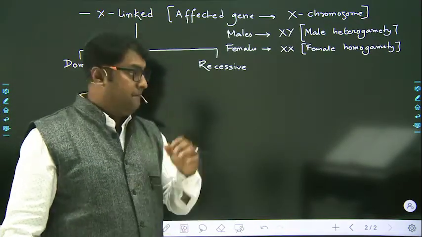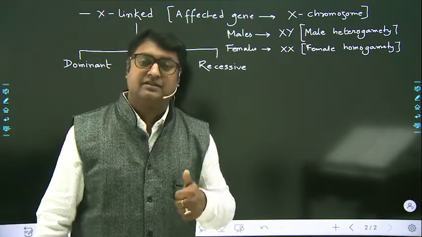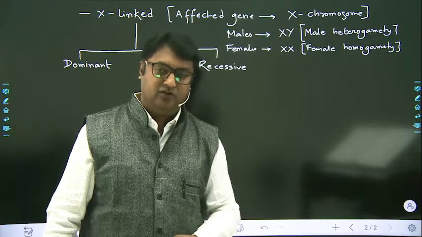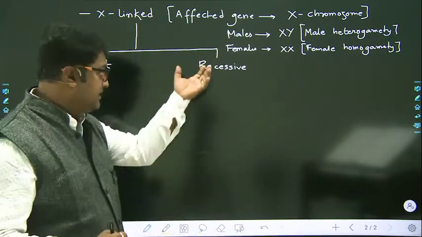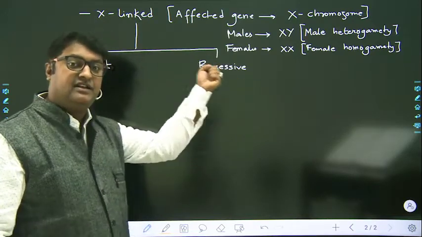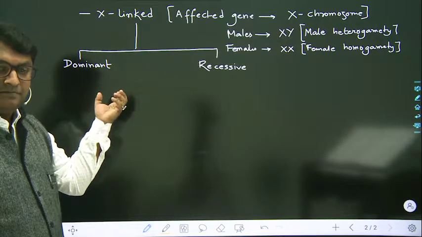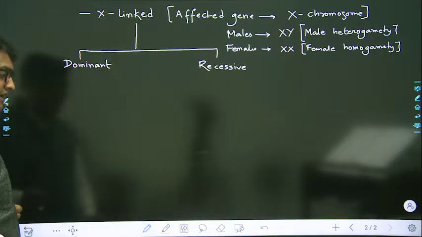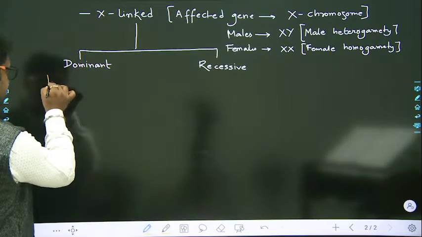Clear? Before moving on, the first concept we will use is skip of generation. Skip of generation is generally present in the recessive, and it is generally not present in the dominant. So in dominant, no skip of generation will be observed.